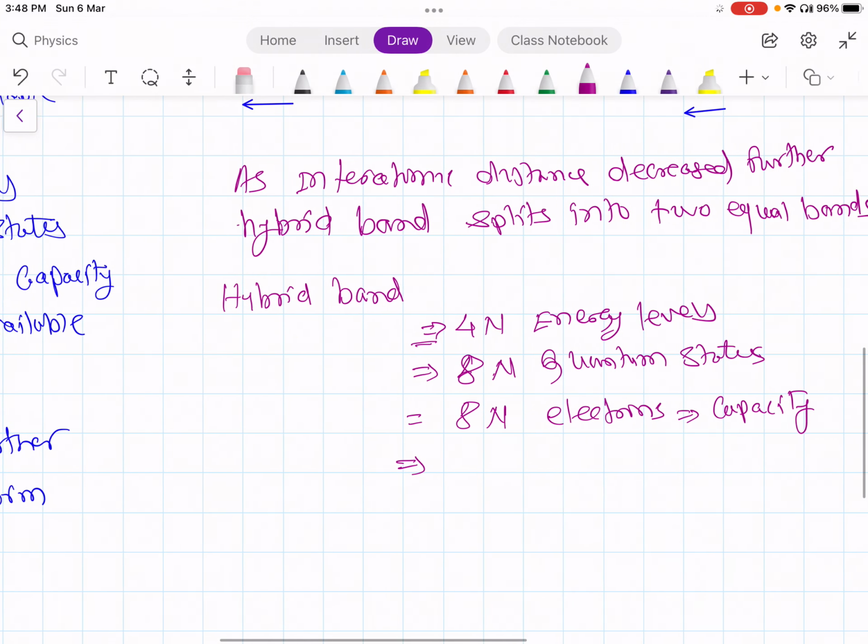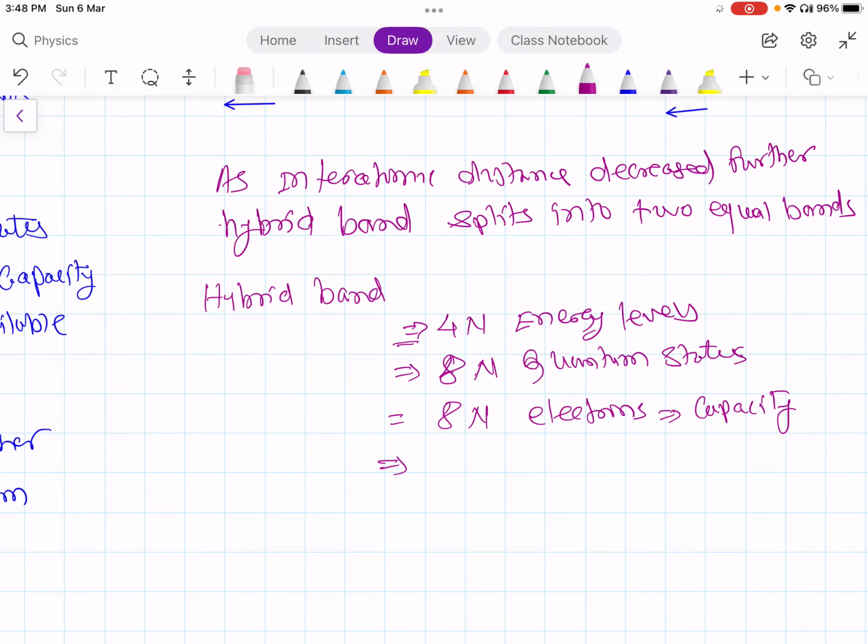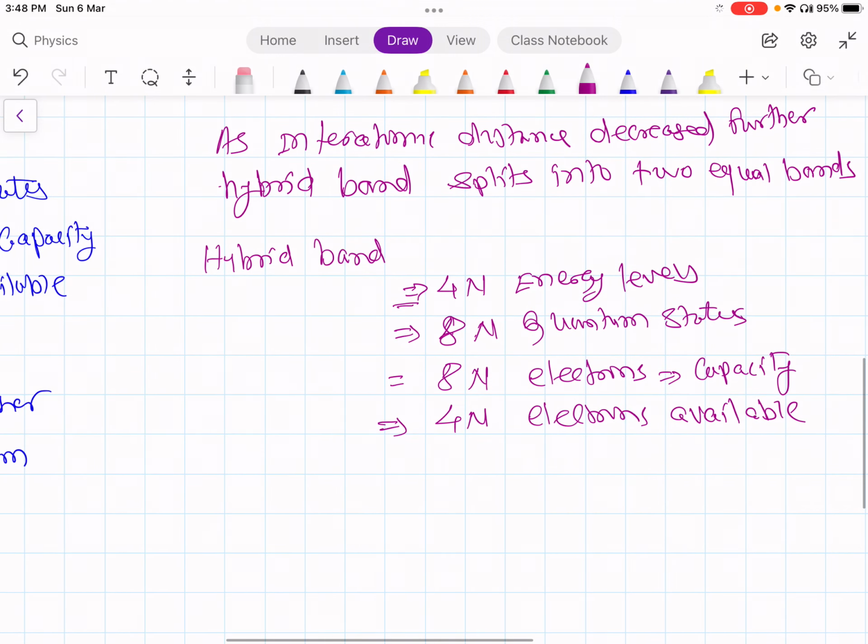So even though the capacity of the hybrid band to accommodate electrons is 8n, only 4n electrons are available. Hence, you can say that this hybrid band is half filled.